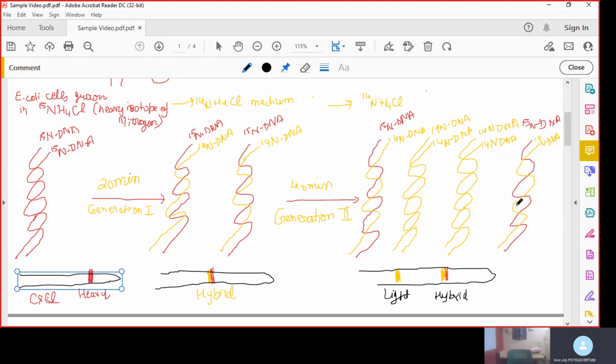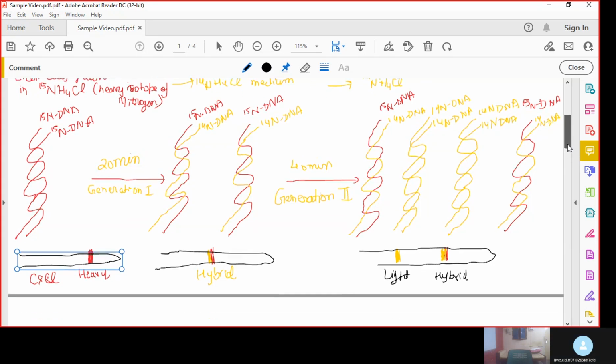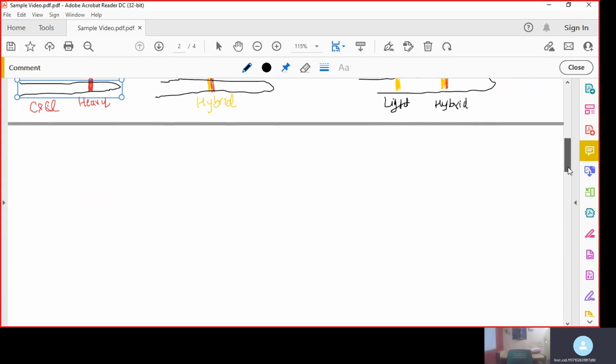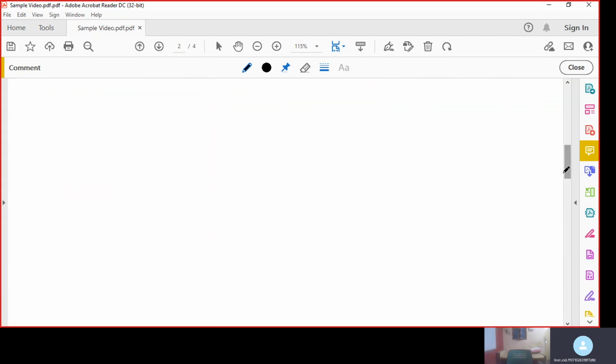This was it for the Meselson and Stahl experiment. We now know that DNA replication occurs by semi-conservative mode of replication.